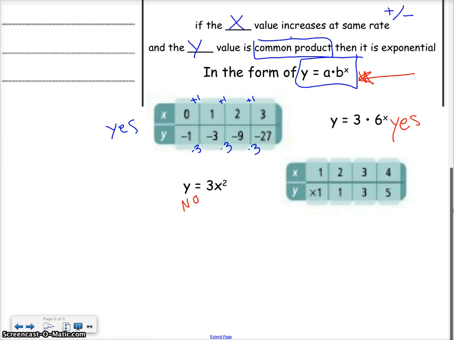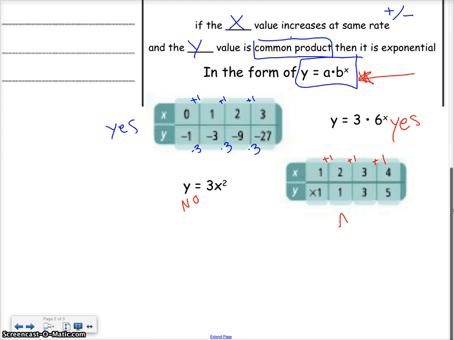Okay, the next one. So this is a table, so I try to see if it meets that criteria. X should be being added or subtracted by the same number. Plus 1, yes, all the way down. Now I check to make sure that y satisfies that it has to be multiplied by the same number. 1 times 1 is 1. But then it's times 3.